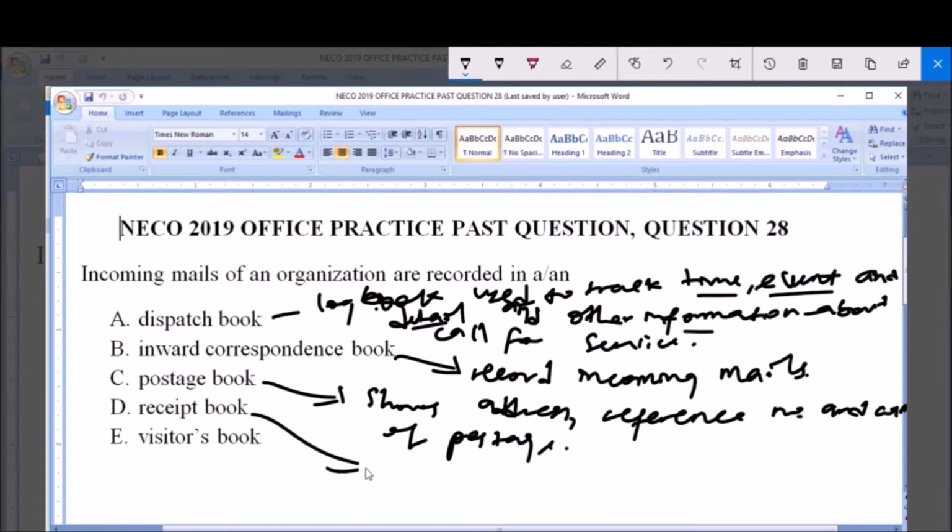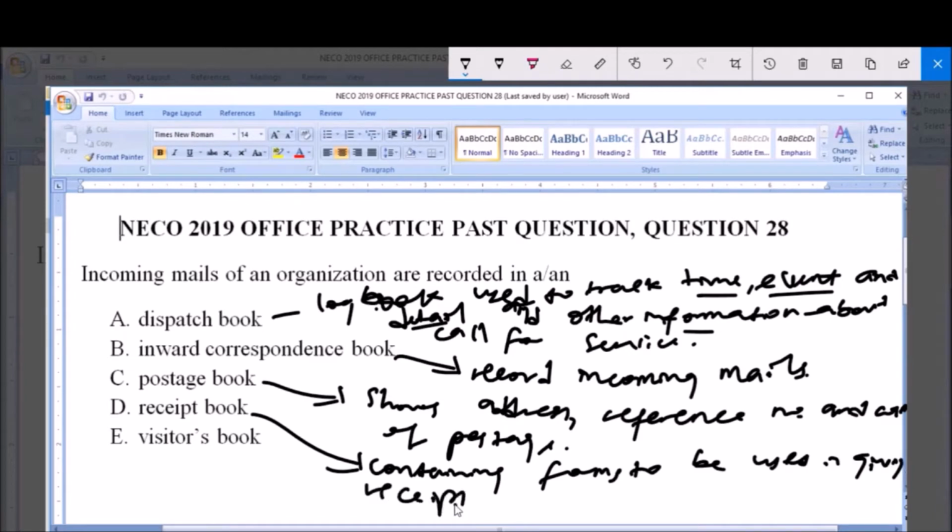Now, receipt book. This is a book containing forms to be used in giving receipts for payments. And a visitor's book is also a book or a digital document.